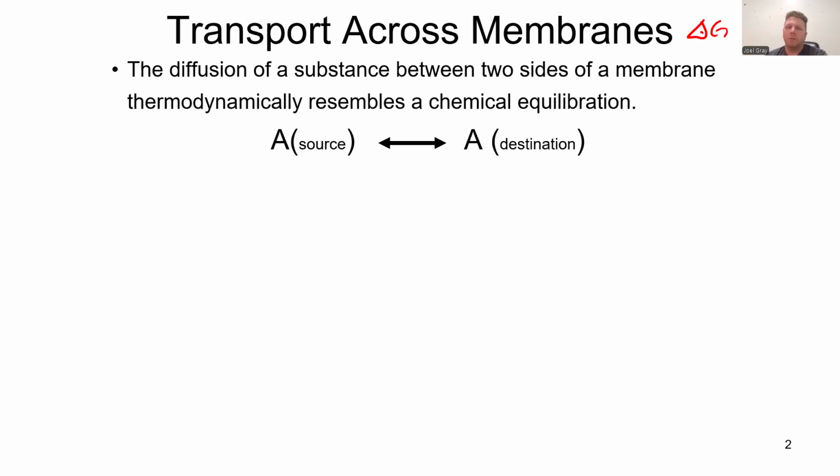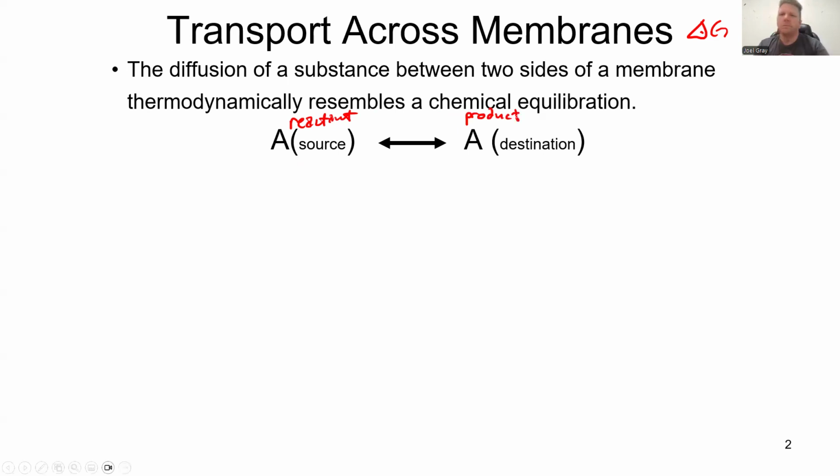So when we talk about a chemical equilibrium, we can think about it as analogous to a reactant and a product.